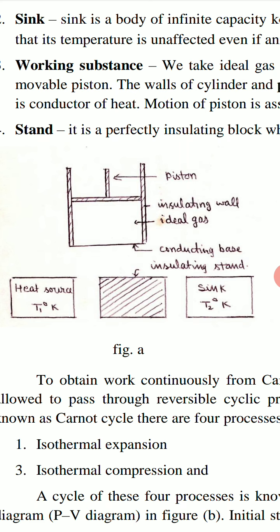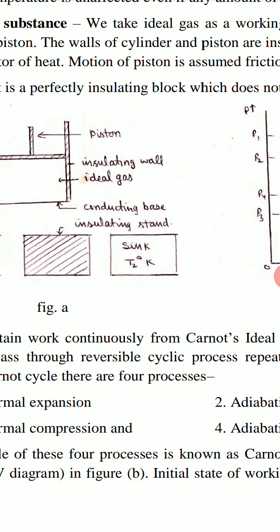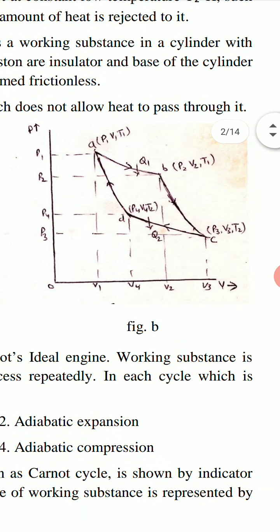This process is isothermal process because temperature is constant, T1 degree Kelvin, and for isothermal process, equation of state of ideal gas is PV equal to constant.